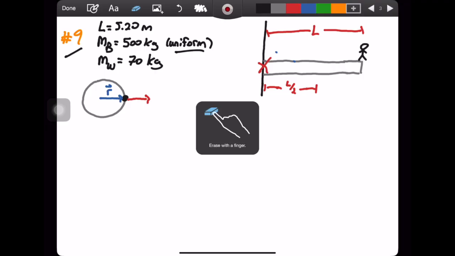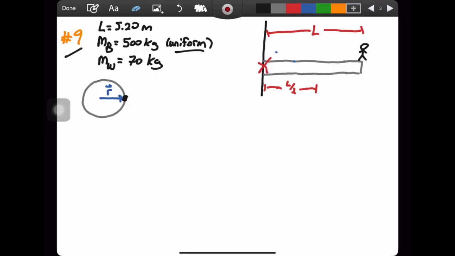In contrast, if I had a force that was oriented, say, like this, that's absolutely going to cause a rotation. It's going to cause a rotation that is counterclockwise. When it comes to torque, we have the magnitude of the torque, and then we also have the direction.